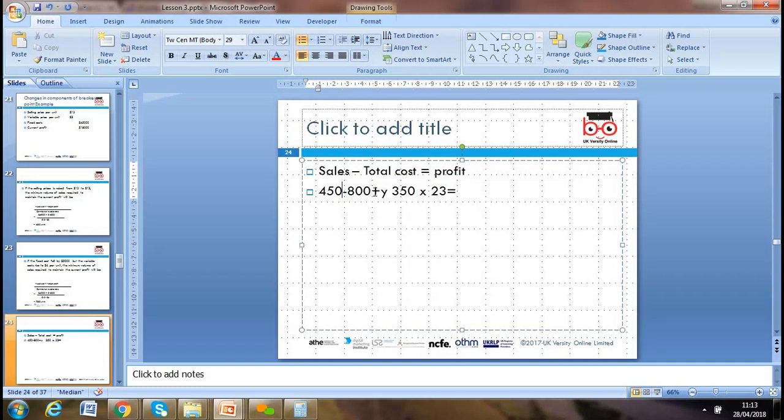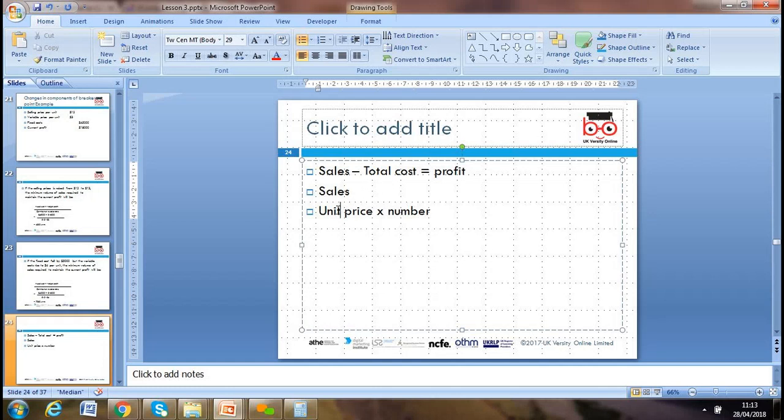Whatever way you set the equation, there's no harm, yes? We can say sales: unit selling price times number of units.